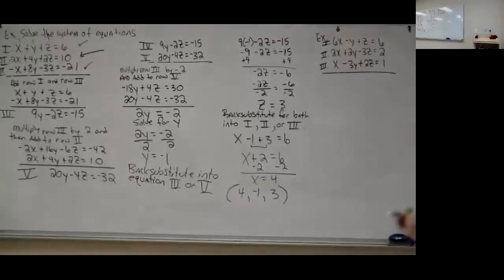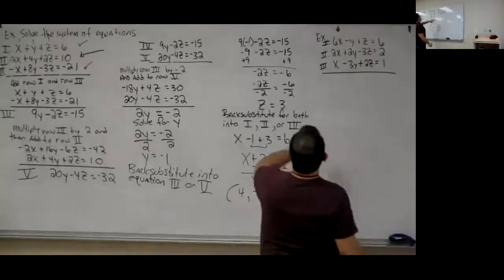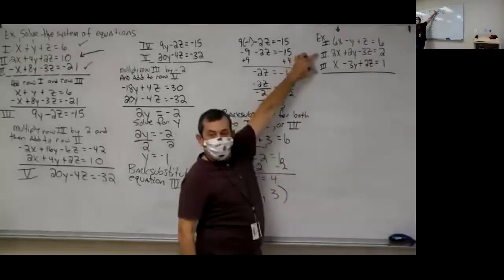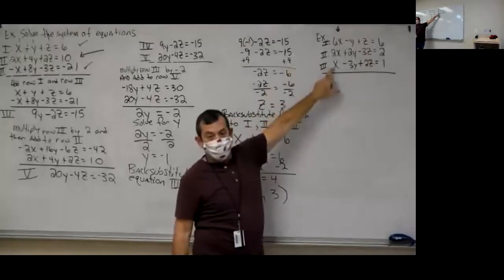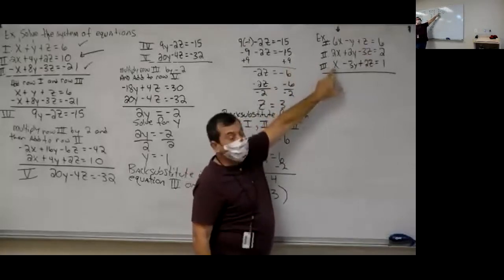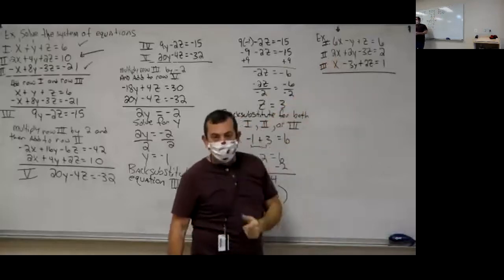So remember this, all those X's are positive, which means I will be multiplying somebody by some negative somewhere, okay? So here's what I'm going to do. I'm going to start out with row 2 and 3. I'm going to multiply row 3 by a negative 2. And that'll give me a negative 2x. That'll add to that 2x and cancel it, right?